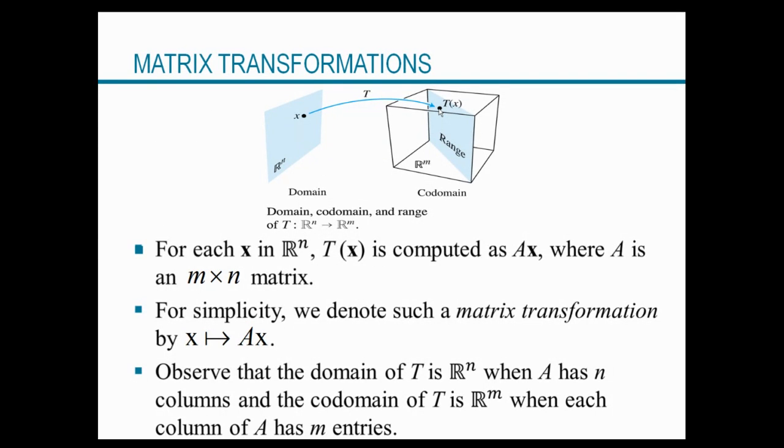So basically, if you take an m by n matrix A and multiply it by an n by 1 vector, you're going to get an m by 1 vector in the transformed space, Rm.